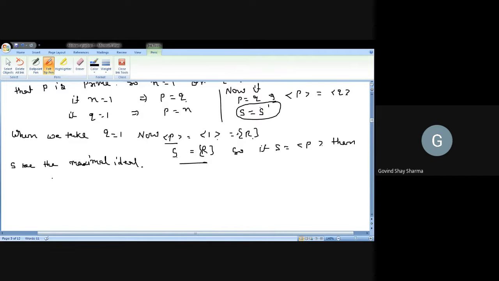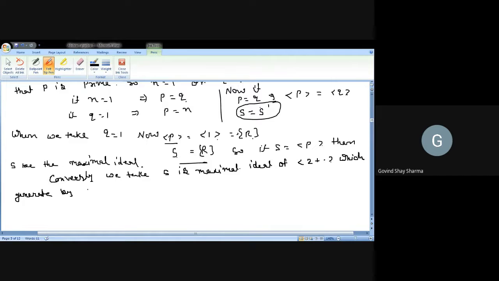Now conversely we take S is a maximal ideal which is generated by P. Here P is prime.